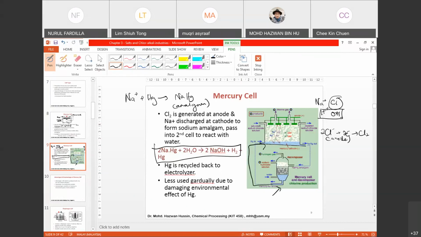The cheapest way to get brine is from the sea. When you have the production of amalgam and mercury, after a certain while this material will be discharged. And when mercury is discarded into the sea, it will be a threat to the marine life and even others.